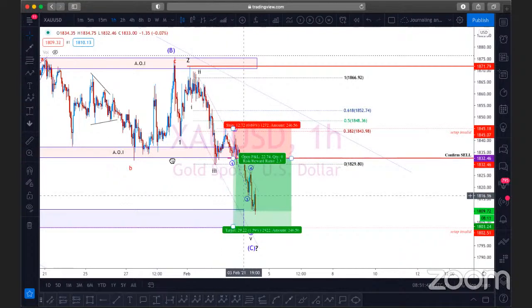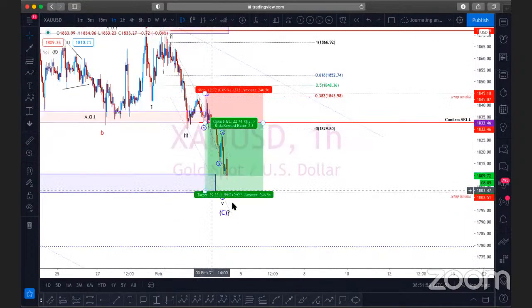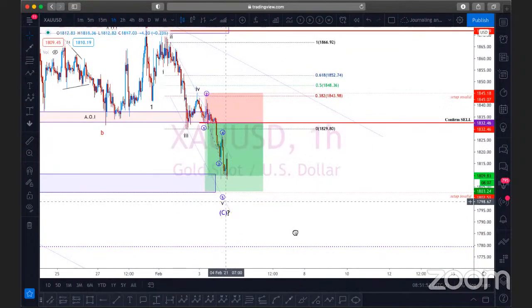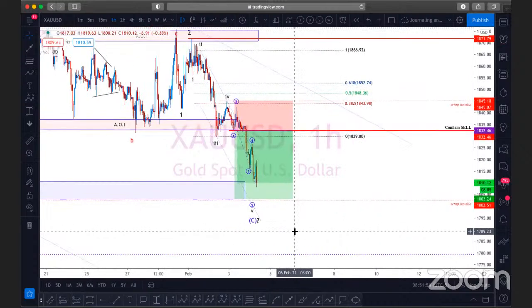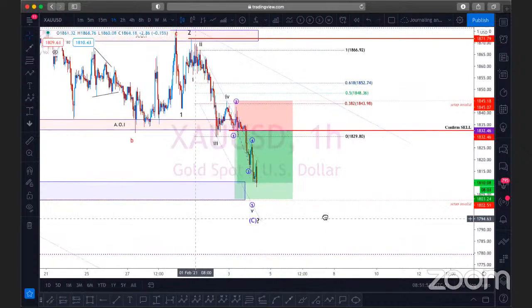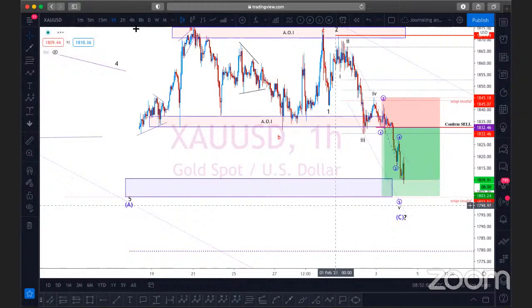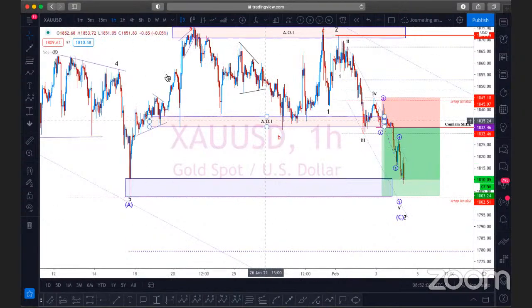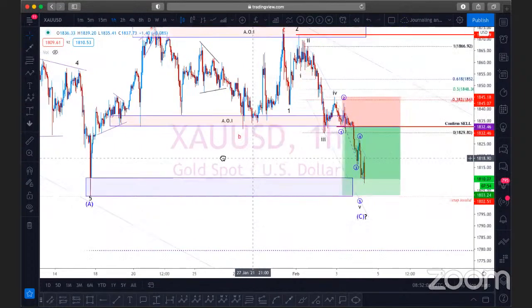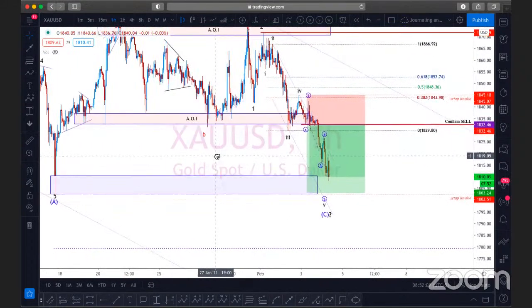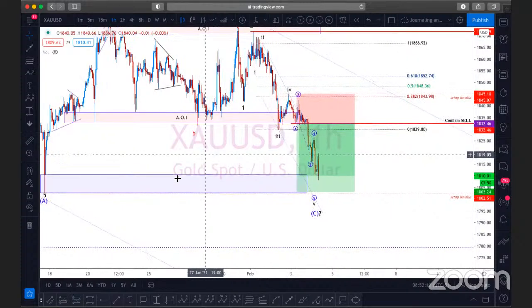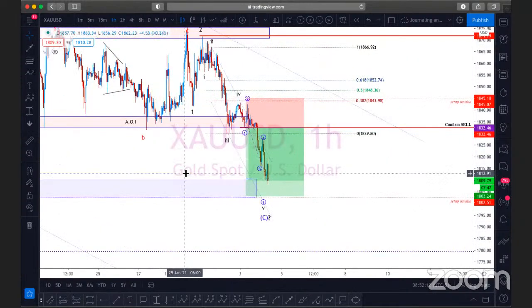Now, the interesting thing about this is the market structure from the daily time frame and the 4-hour time frame, and that is what makes this overall trade so interesting. This morning I shared an update to tell you exactly how to move your stop loss and what to do with this trade.